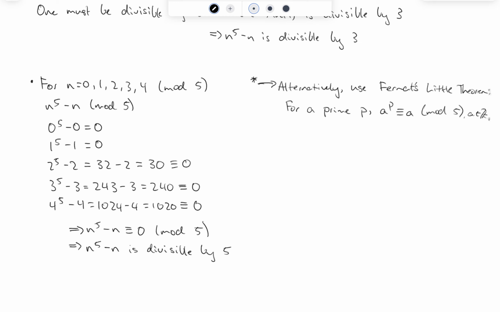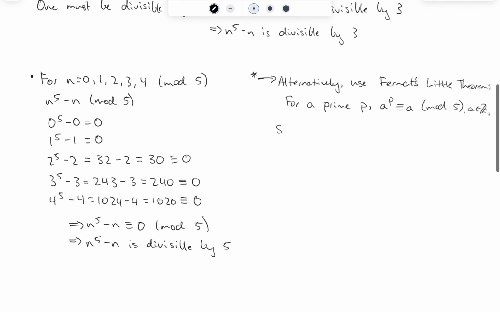So using this theorem in the context we have, since clearly 5 is prime, we can let a be our n. We can let a equal n, and then we get n to the p, which is 5, is congruent to n in mod p, so mod 5.